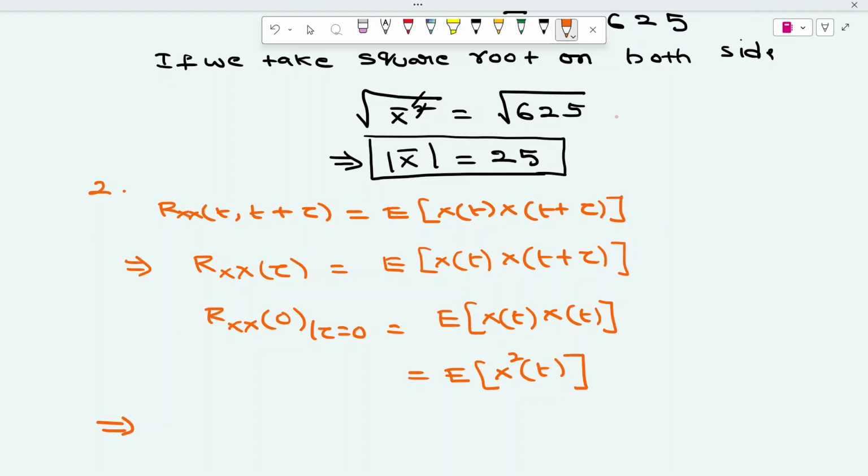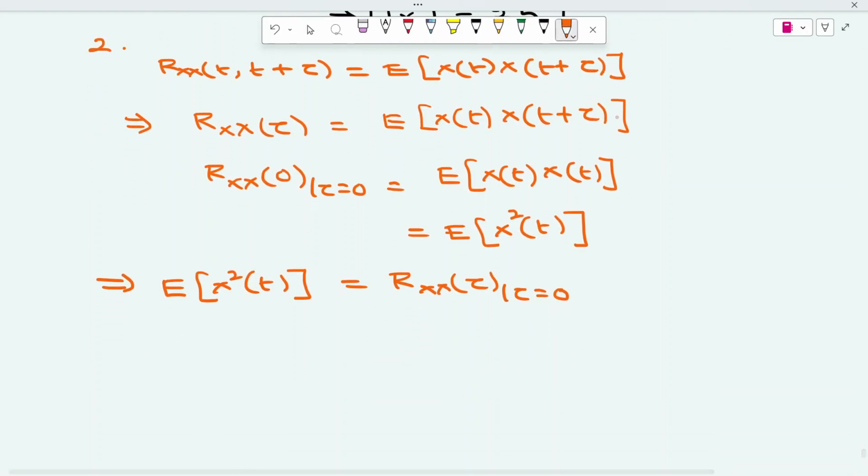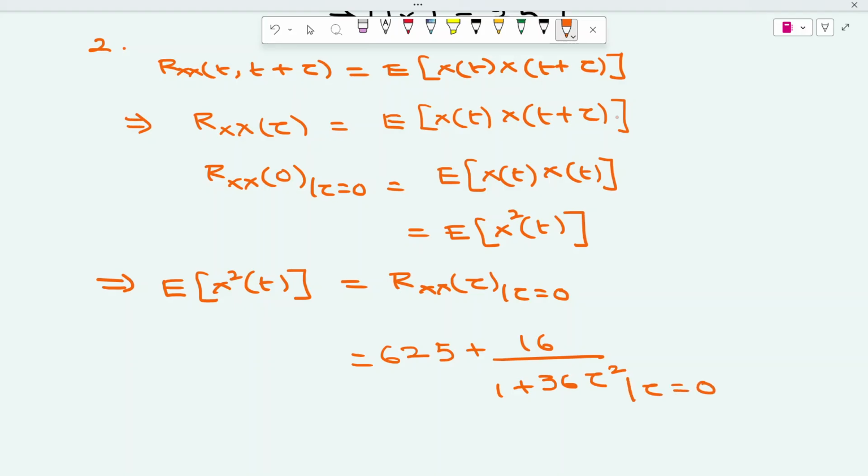So we will get expectation of x square of t by simply substituting tau equal to 0 in the autocorrelation function. In the given problem statement, the autocorrelation function is 625 plus 16 by 1 plus 36 tau square. Now substitute tau equal to 0 in this.